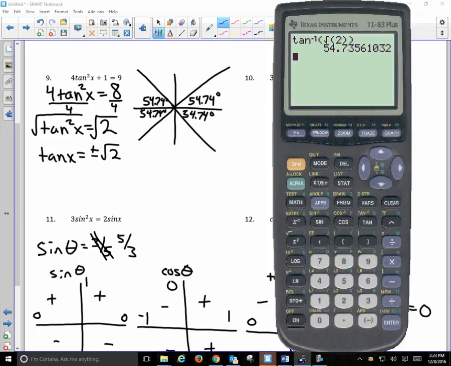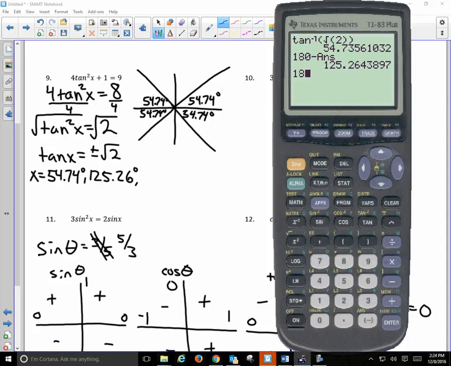My first answer is obviously 54.74 degrees. How do I find my second answer? Yep, 180 minus that amount, and I get 125.26 degrees.